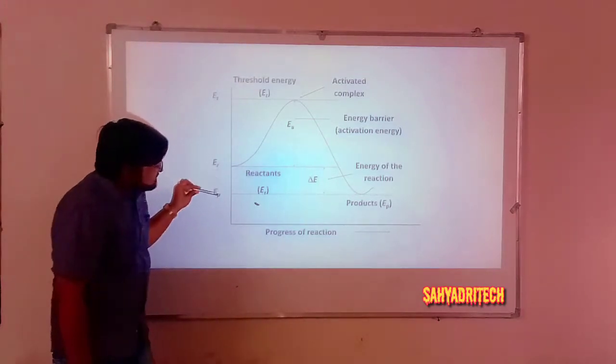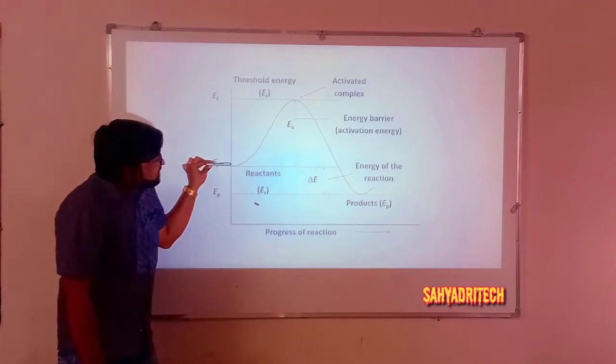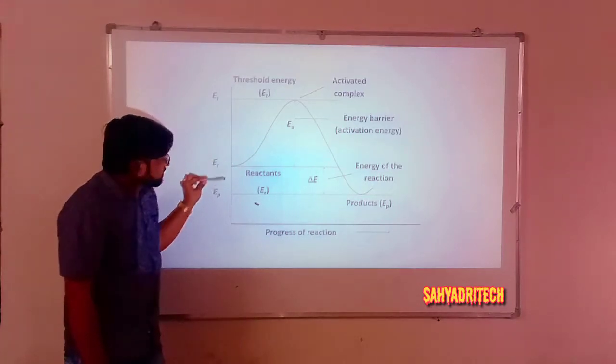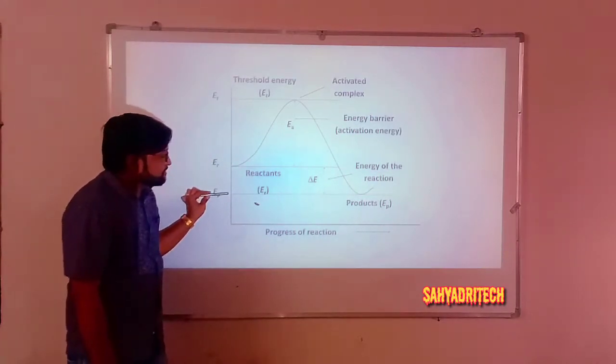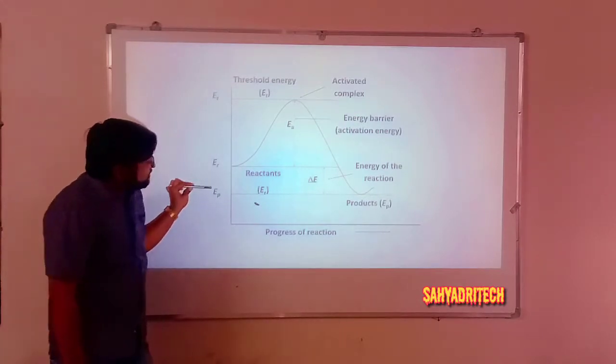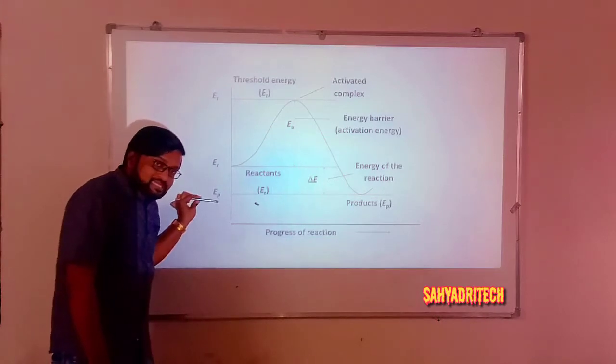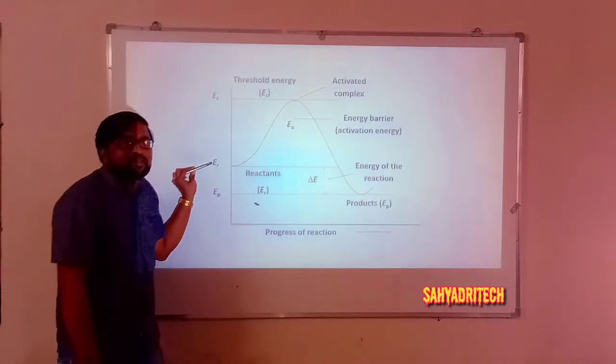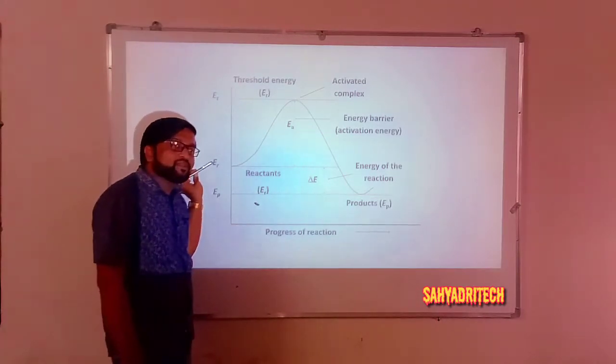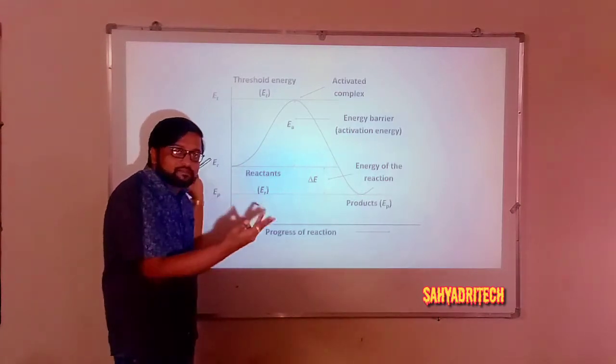When I compare energy of reactant molecules ER and energy of product molecules EP, the energy of product molecules will be less compared to the energy of reactant molecules. Only then do we say that the reaction is feasible.